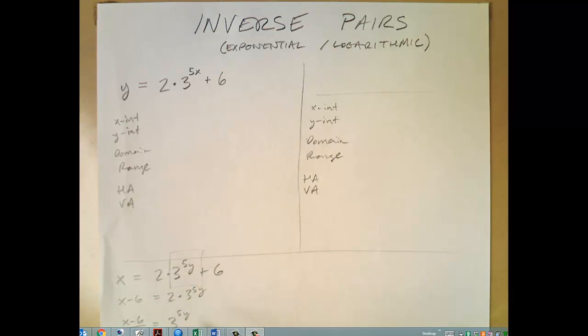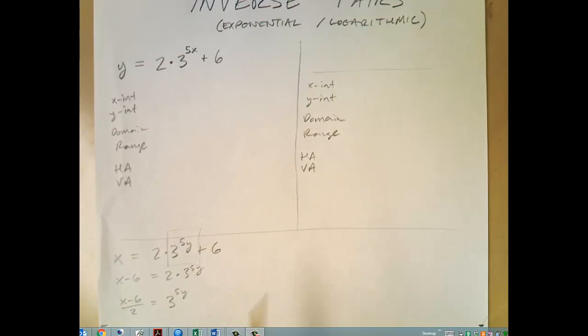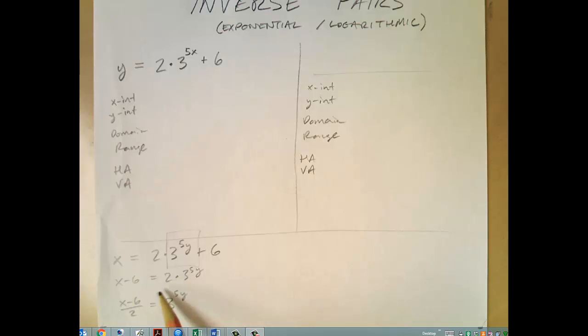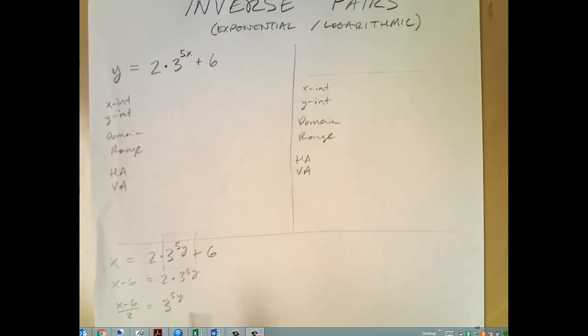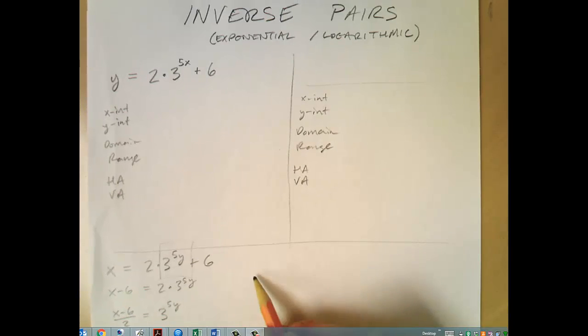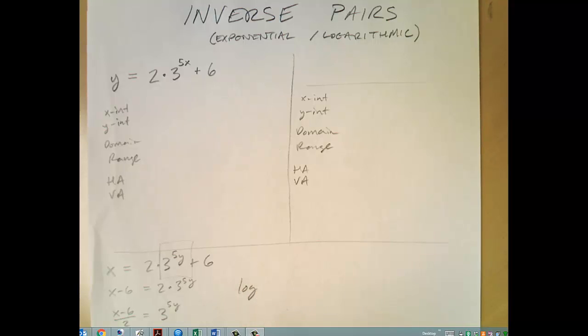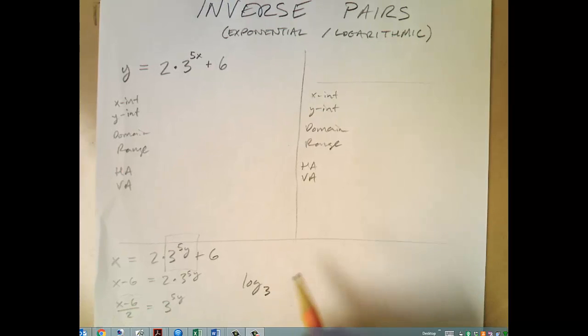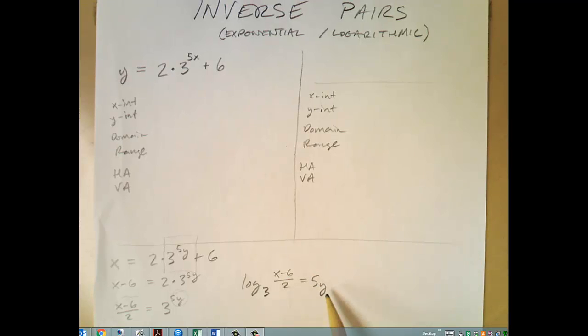Now this part that I boxed in here is isolated, so we're ready to write our log equation. So we can say log base 3 of this result is the exponent 5y. And then we can divide by 5 on both sides.